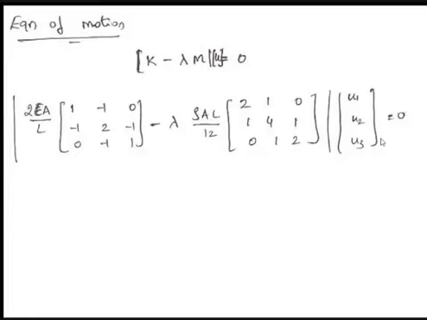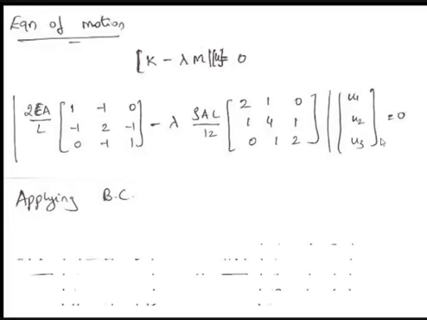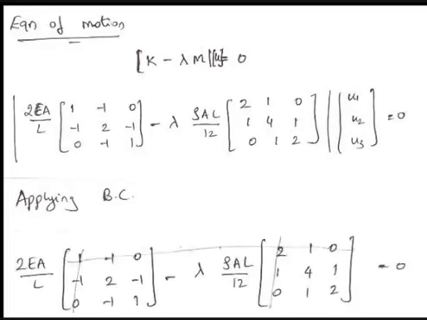So what we need, we are supposed to apply the boundary condition, that is, it is fixed at the first node, right? So if I do that, applying the boundary condition, what happens? The first row and the first column is eliminated from both the matrices. So what am I remaining with?